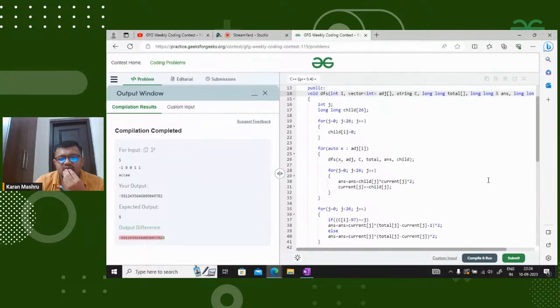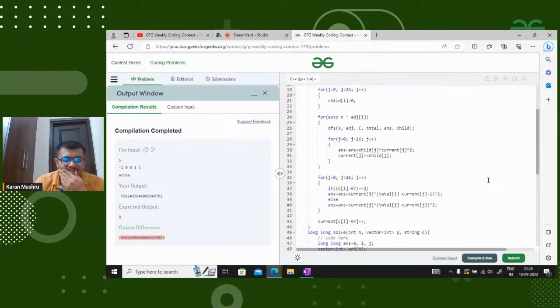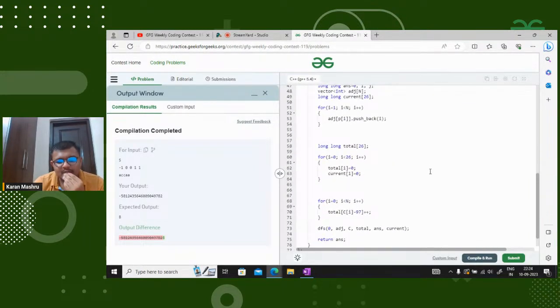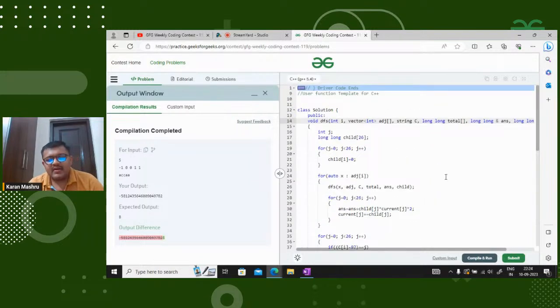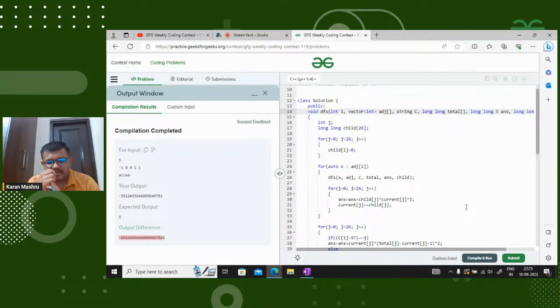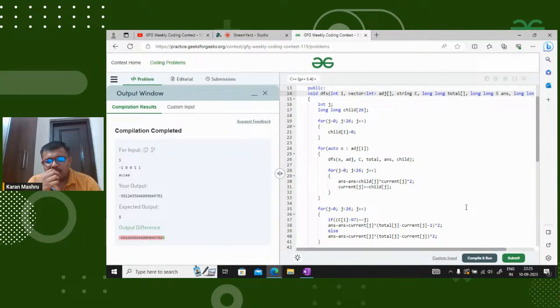Okay, child of j into current of j into 2. Here I have made current of I equals 0, total of I equals 0, and child of j into current of j plus equals child of j, right?